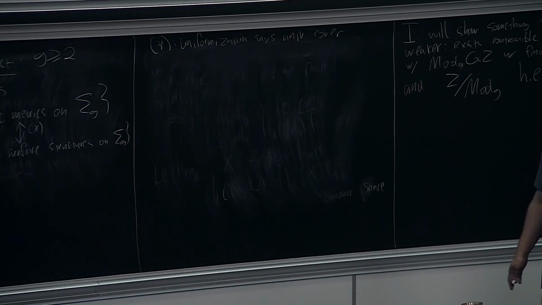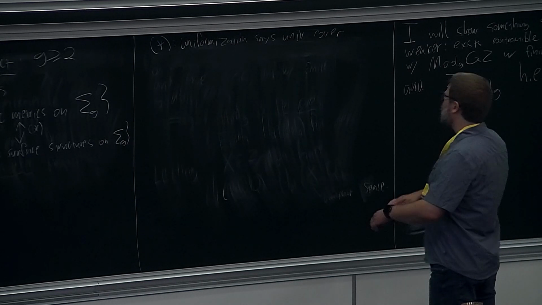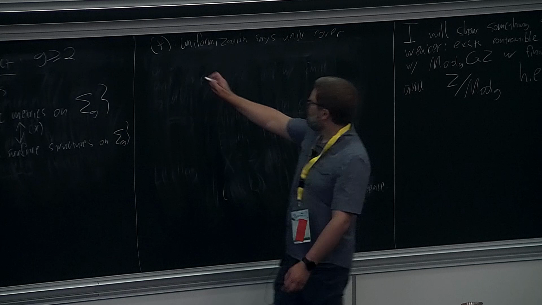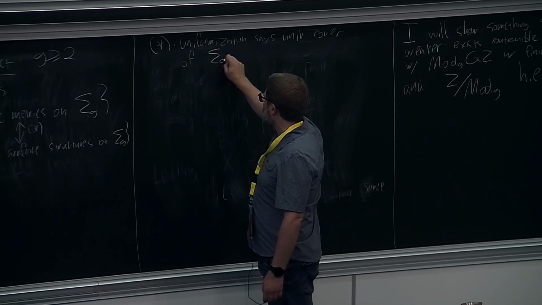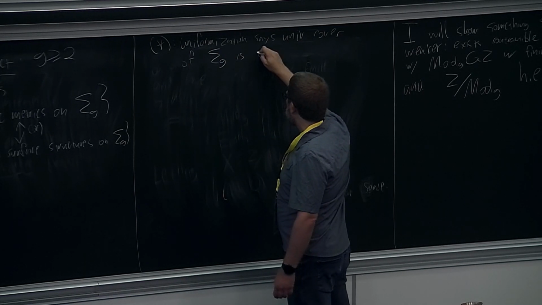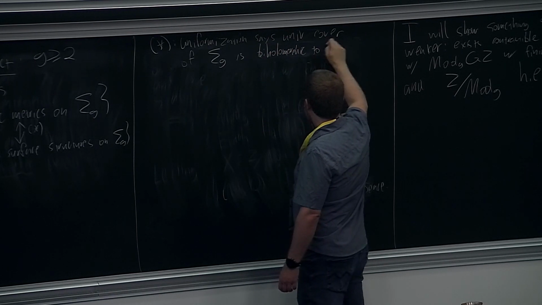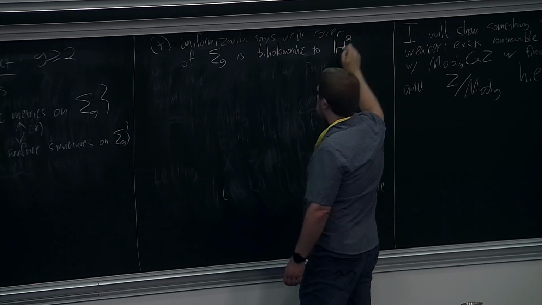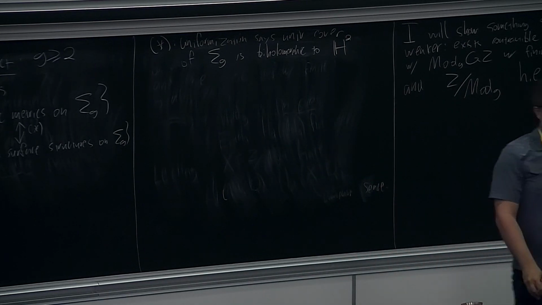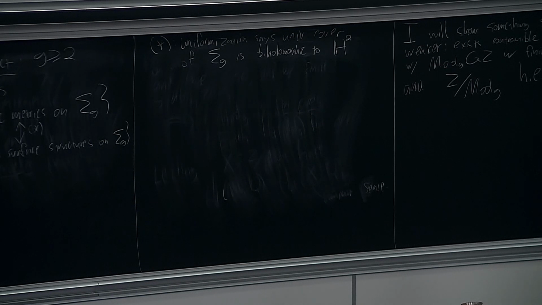When I said hyperbolic metrics, someone should have objected. Those don't exist on spheres or tori, but they do exist once the genus is at least 2. Uniformization says the universal cover of sigma g is biholomorphic to the upper half plane, right? That is one statement of the uniformization theorem in the hyperbolic setting. Uniformization says that if you have any Riemann surface, the universal cover is either a sphere, the complex plane, or the upper half plane. But because the genus is at least 2, it has to be the upper half plane.